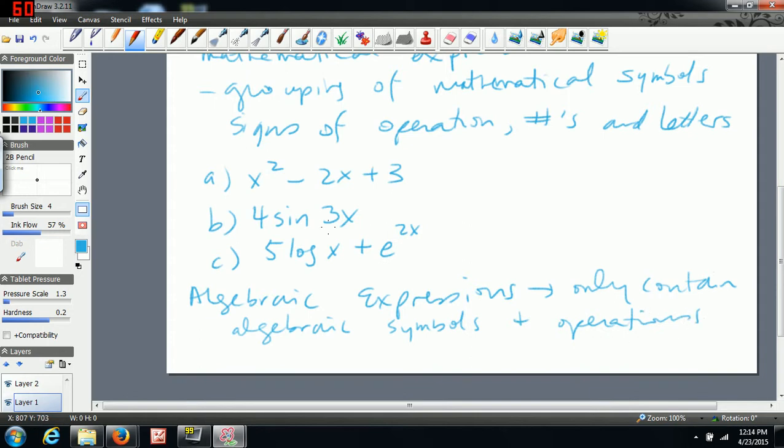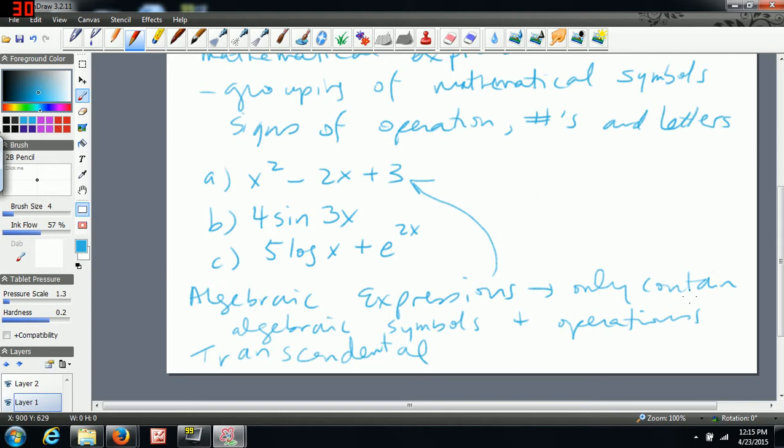So things like addition, subtraction, multiplication, division, roots, and powers. An example of an algebraic expression could be this one here. This one's actually an algebraic expression. And all other expressions are called transcendental. So examples B and C are transcendental.